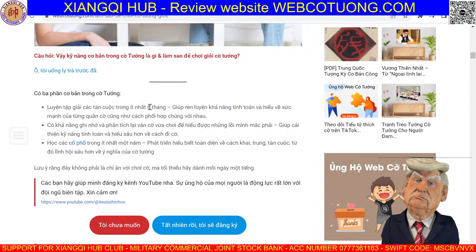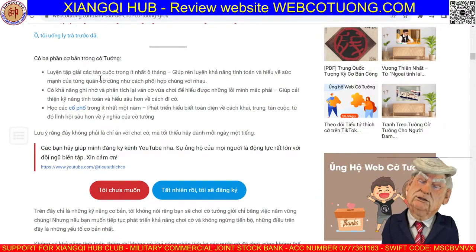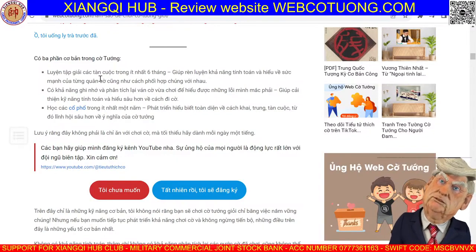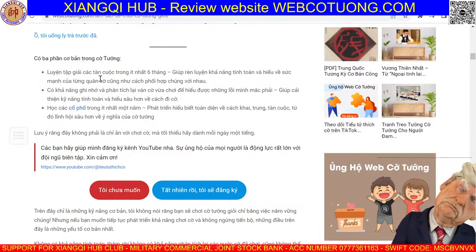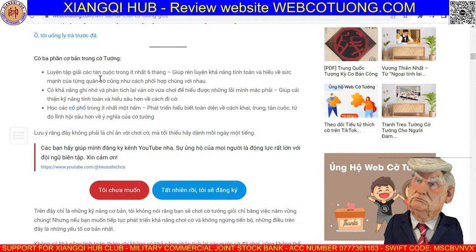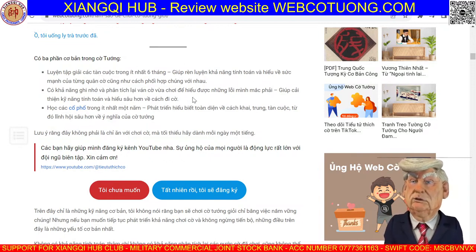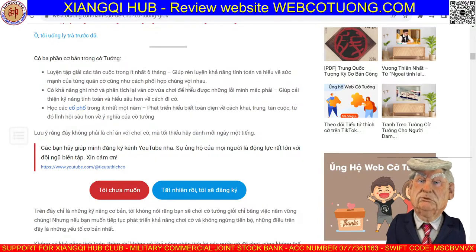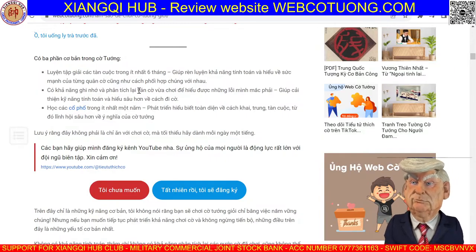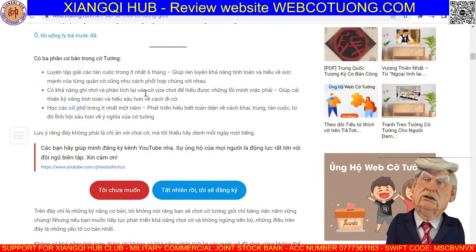For the first step, you need to learn the endgame first. So they advise you to start with the endgame. This will help you improve your calculation and your understanding of the strength of each piece.